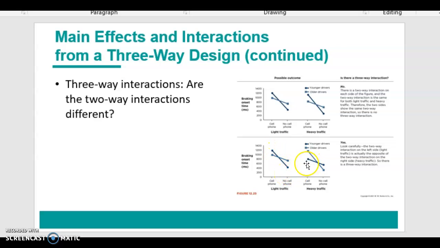Here we have our dark blue line starting about 800, and then almost moving parallel-ish in our heavy traffic condition. So this line is not parallel with this line. In addition, our light blue lines are also not parallel. So because we are seeing two interactions and they are different than each other, we can say that yes, there is a three-way interaction.